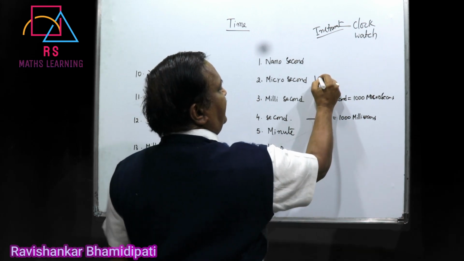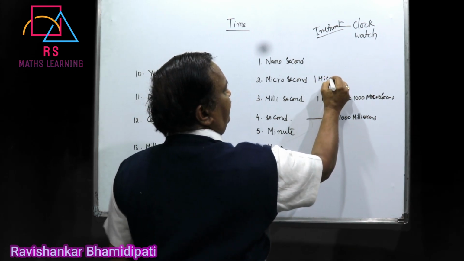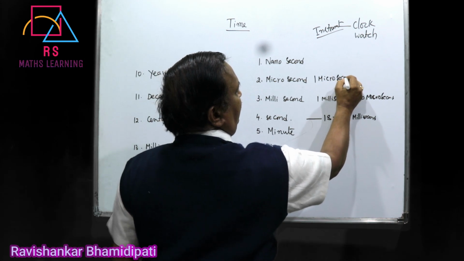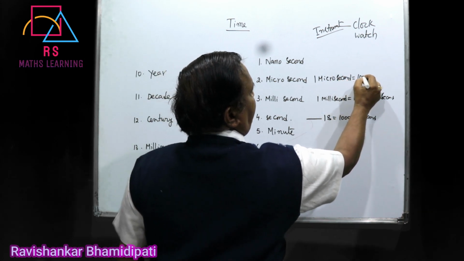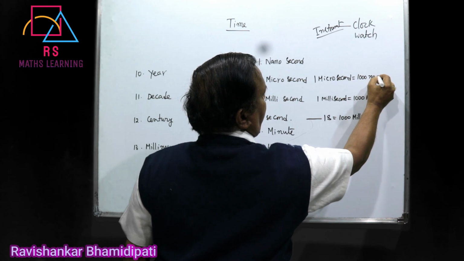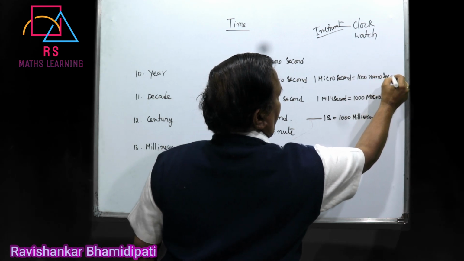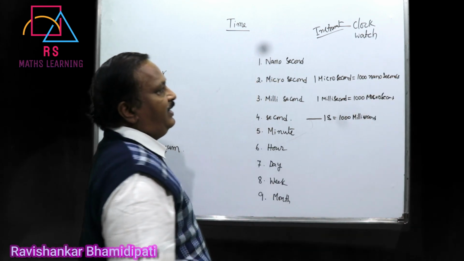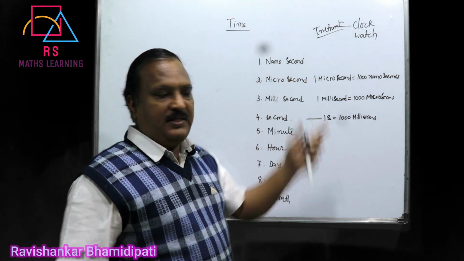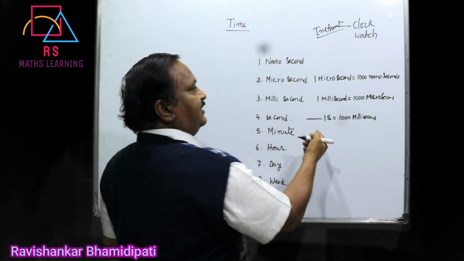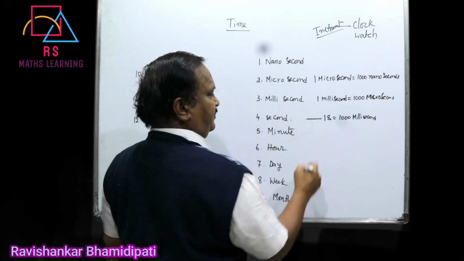Again 1 microsecond is equal to 1000 nanoseconds. Okay, now nanosecond is the smallest. Now let us come like this down.